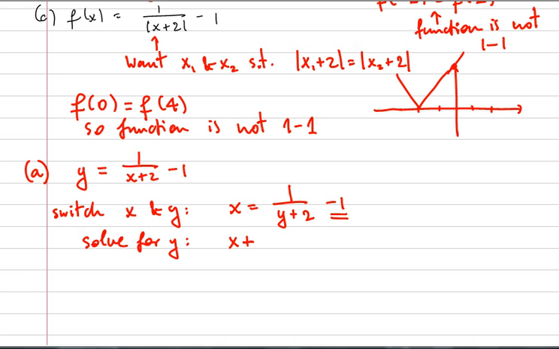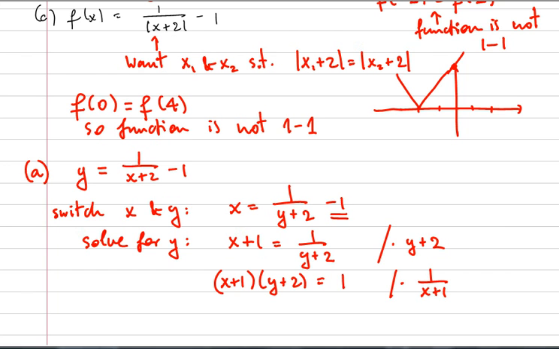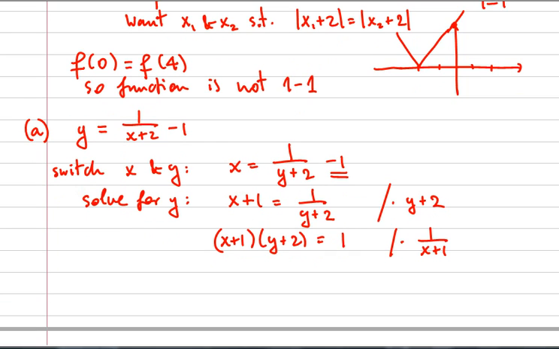So we have x plus 1 equals 1 over y plus 2. Then we multiply by the denominator, so times y plus 2. We get x plus 1 times y plus 2 equals 1. Then we divide by x plus 1 to get y by itself, so y plus 2 equals 1 over x plus 1.